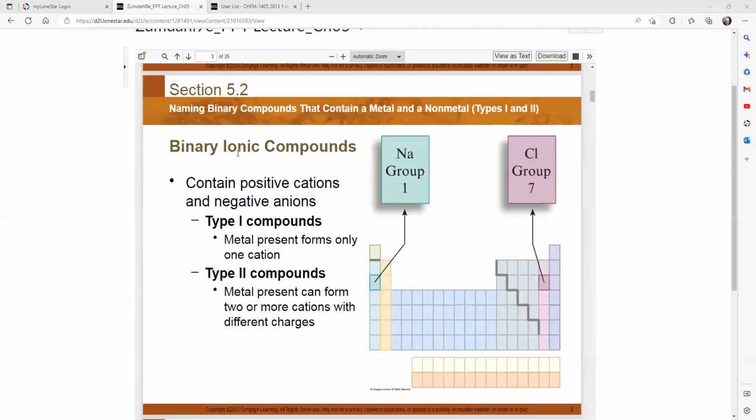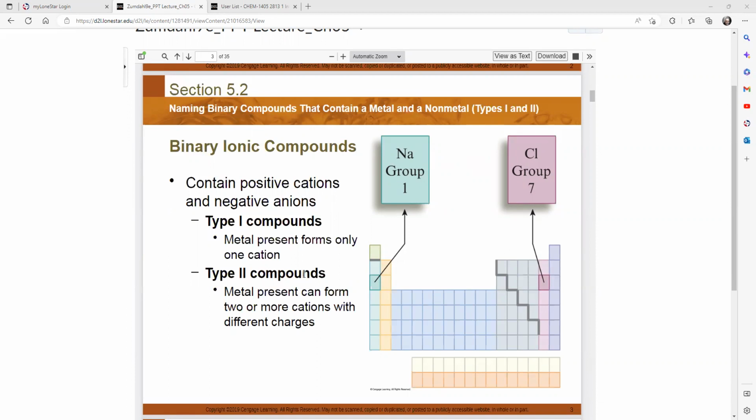Well, the binary ionic compounds are made of a metal and a non-metal, but they also can be divided into type 1 that are made of a metal from the alkaline metals or the alkaline earth metals, or one from the p block in the representative elements.